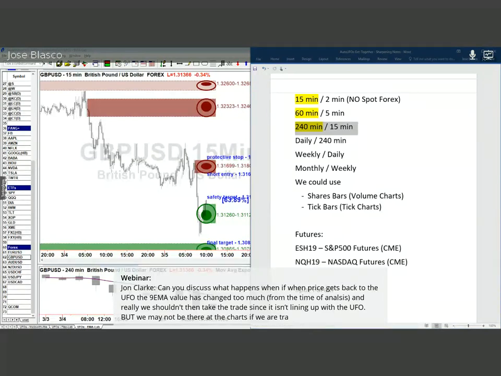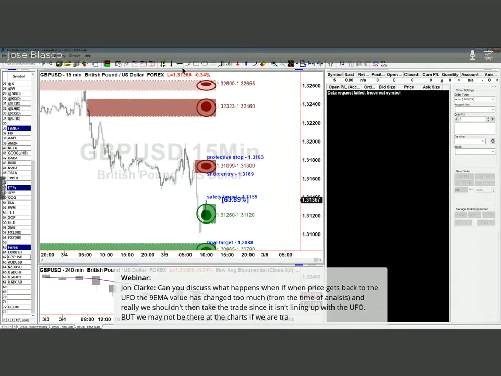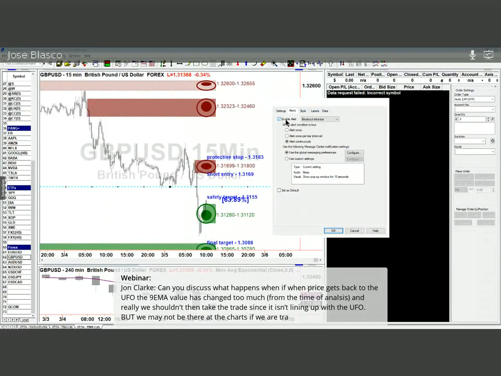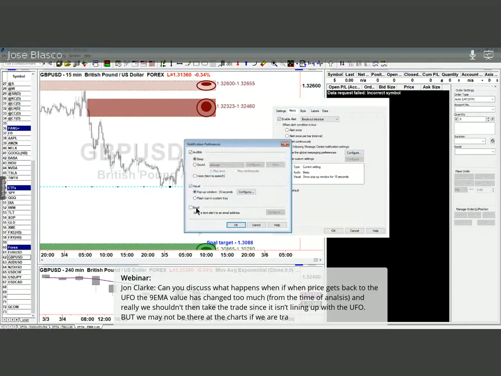And you draw a line on your chart and you say, hey, look, whenever the pound gets to this place on the chart, format horizontal line, alert, enable alert, and with the global messaging preferences, you go ahead and set up your email. So now you're going to receive an email.